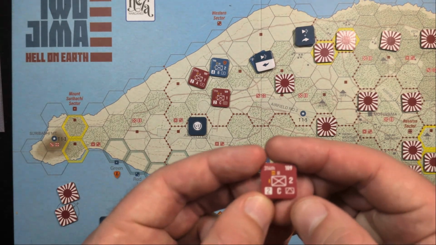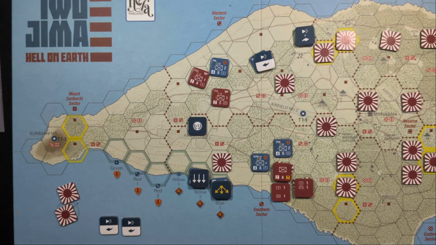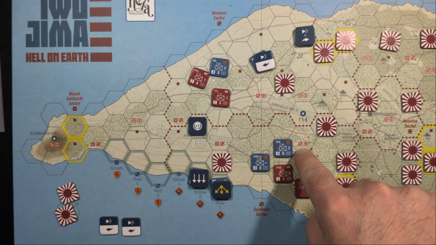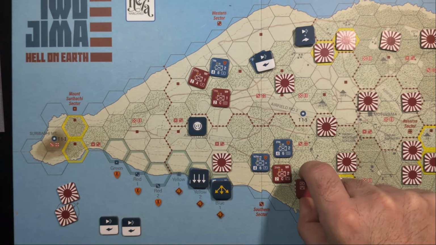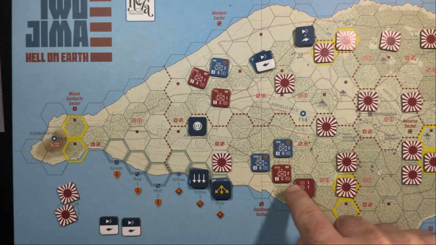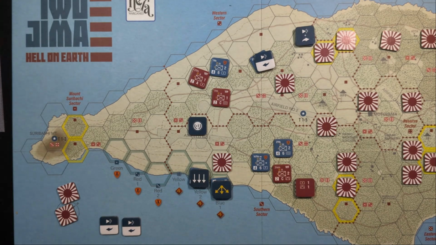And there's something important about the anti-tank. Let's say you're doing this attack and you decide to go with combat support for tanks and flamethrowers, and you have this counter over here. The Japanese target unit has 2 anti-tanks, and the unit supporting here adjacent to the target has another 1. So in total, you have 3. So the Japanese has to roll for the anti-tank, a roll with the red die.